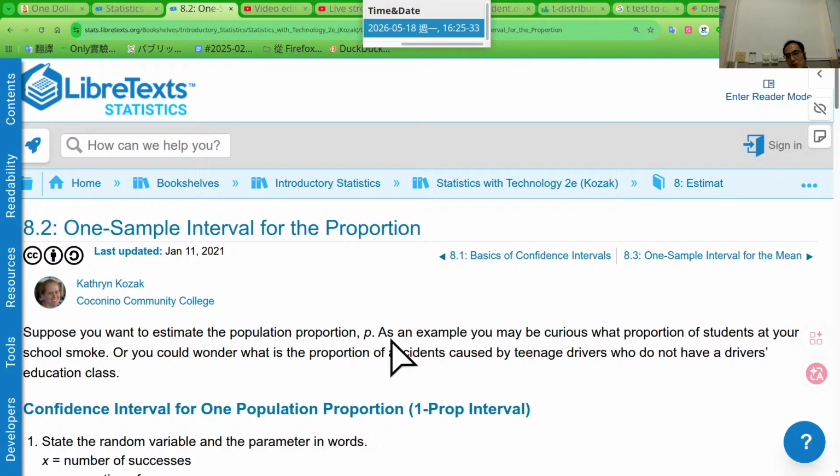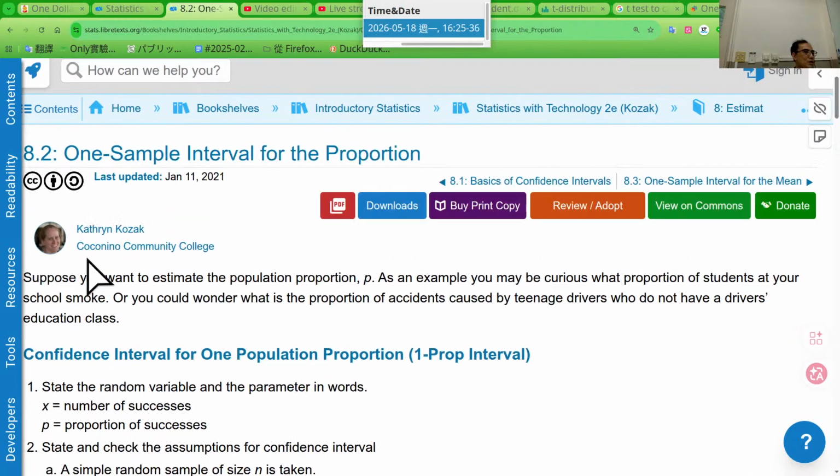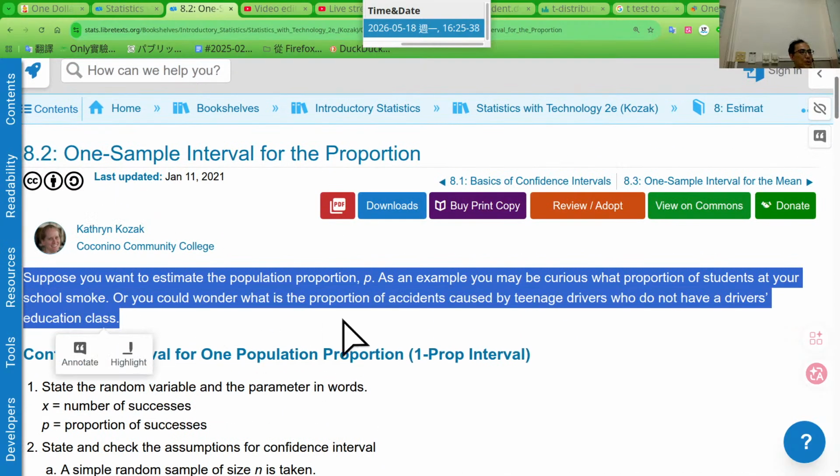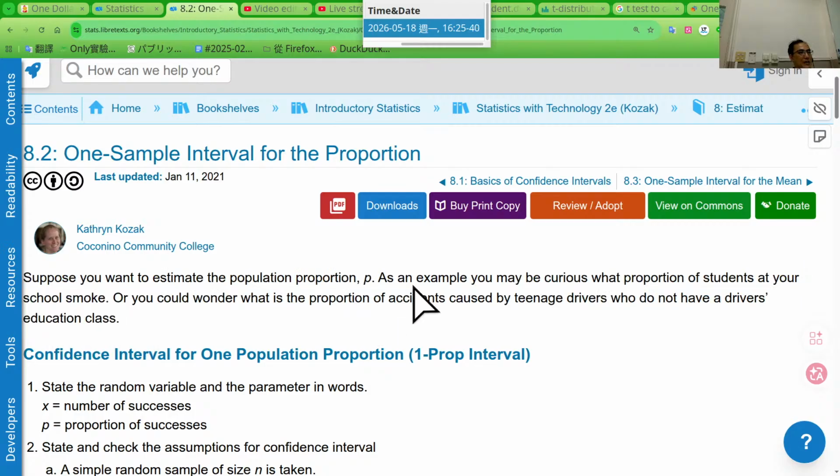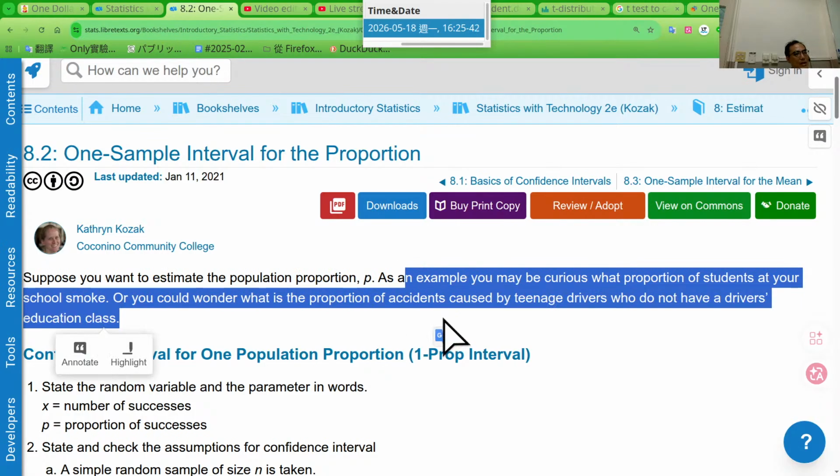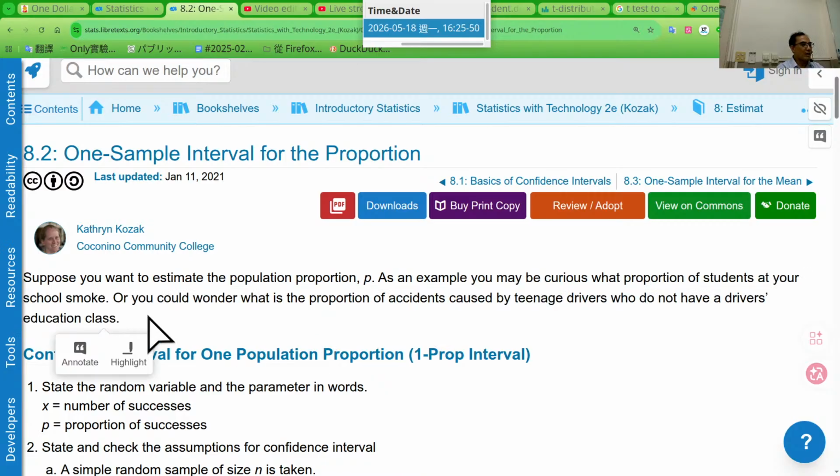Chapter 8.2. Suppose you want to estimate the population proportion P. As an example, you may be curious what proportion of students at your school smoke. Or you could wonder what the proportion of accidents caused by teenage drivers who did not take a driver's education class is.